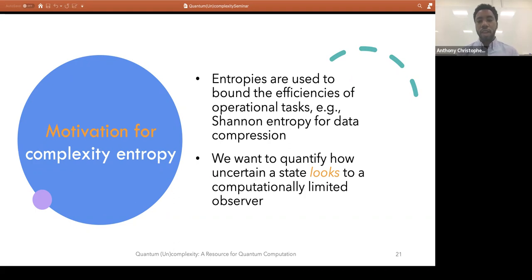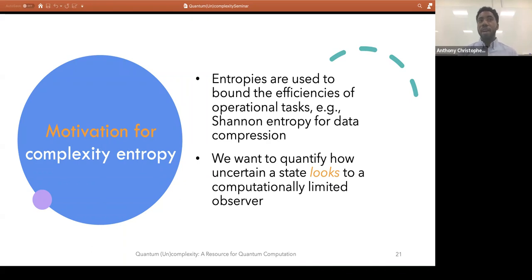But yeah, the idea is that if I have a state that is very complex and I have computation restrictions, so I'm not able to apply a lot of gates as an observer or a referee, then whenever I do my measurements, most states look very close to the maximally mixed state. So in that sense, they have high entropy relative to my ability to probe them.